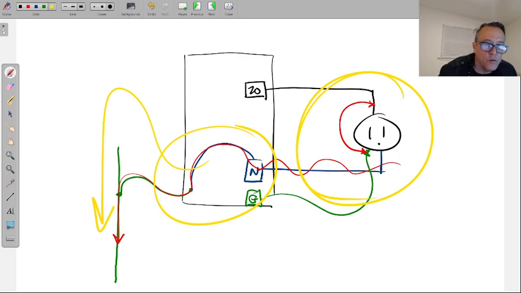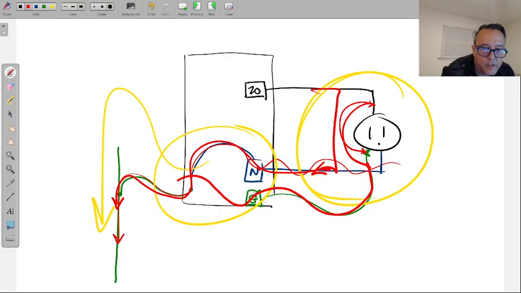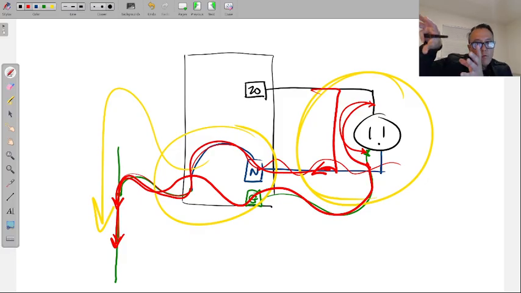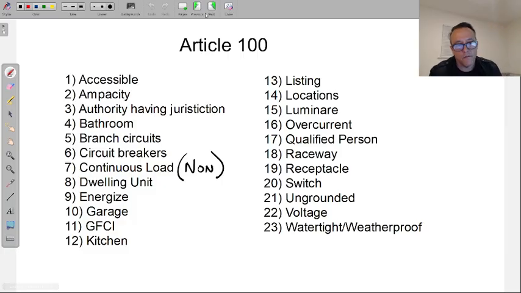Whether the hot and the neutral touch here, but then what happened? Neutral to ground. Over here, the hot and the ground touch, the ground got energized, but we're going to ground. So everything is really a ground fault, but when we're at the load, this is where we separate the terms as far as short circuit versus a ground fault.